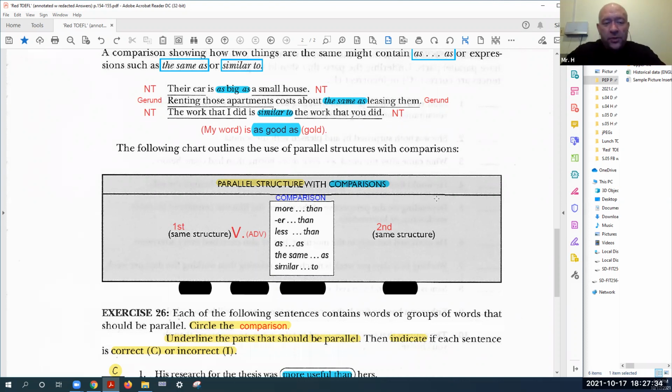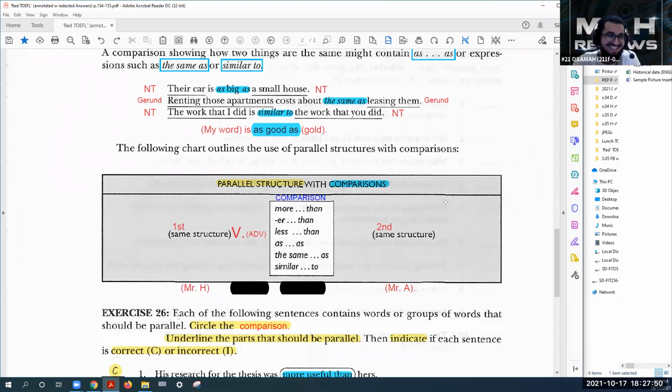So I'm going to give you an example at the bottom. Osama, section 5, can you read this? I want you to compare Mr. H and Mr. A. Wait, I'll give you an adjective.